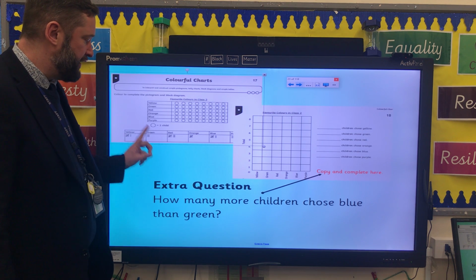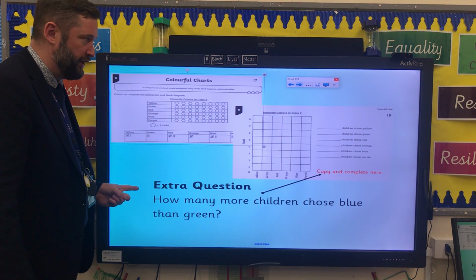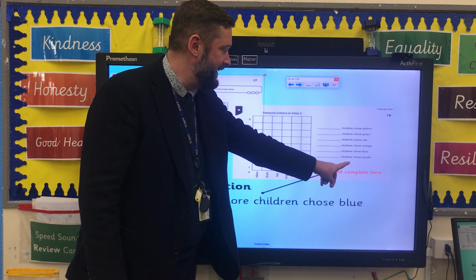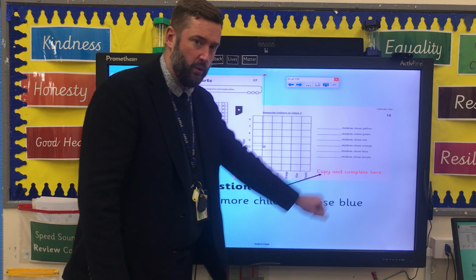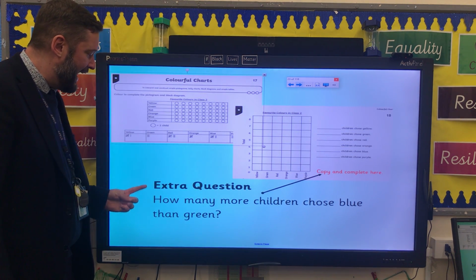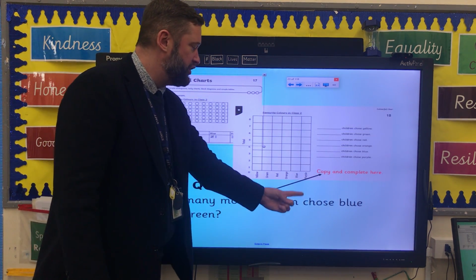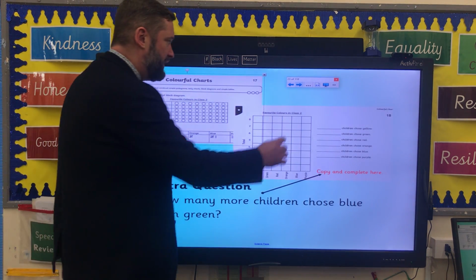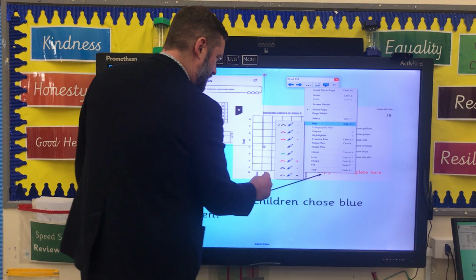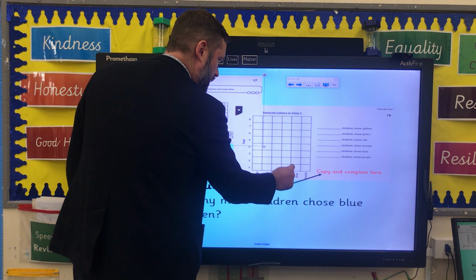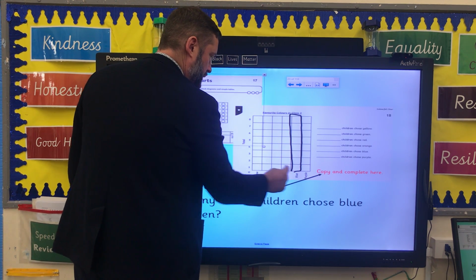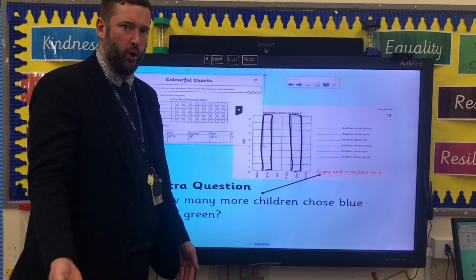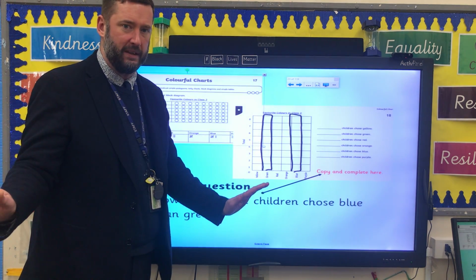You've got an extra question that I want you to copy and complete underneath this bit of work here. Your question is, how many more children chose blue than green? Remember what we do with that. We put a bar around the important columns, so it'll be that one, blue and green, and you have to count how many more, okay? That's all the help I'm giving you with that.